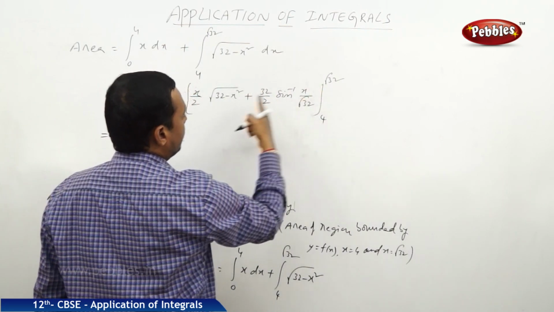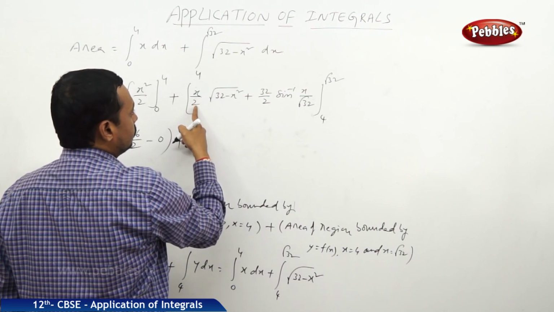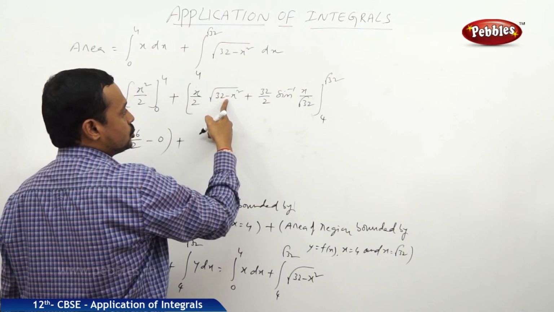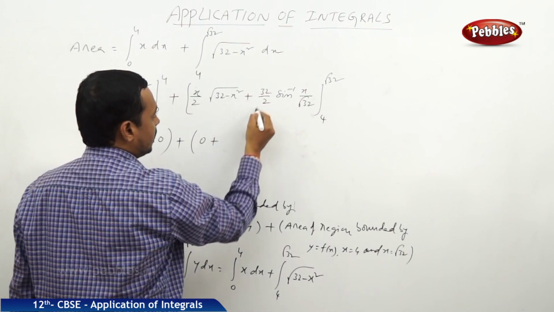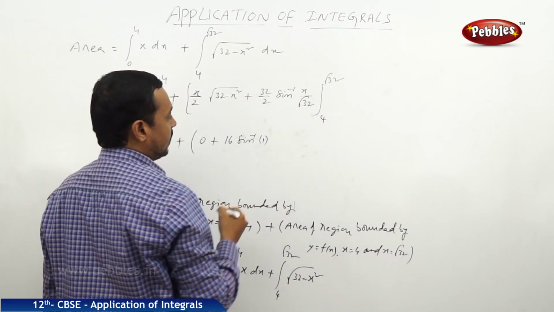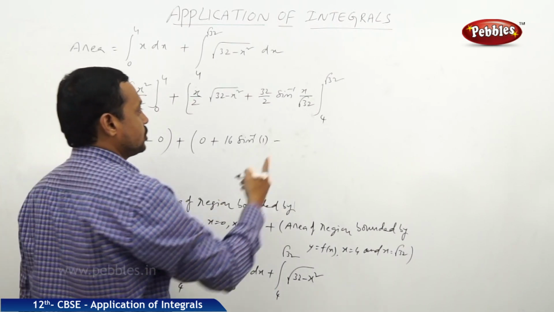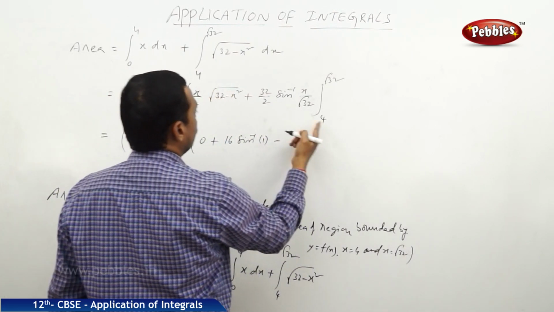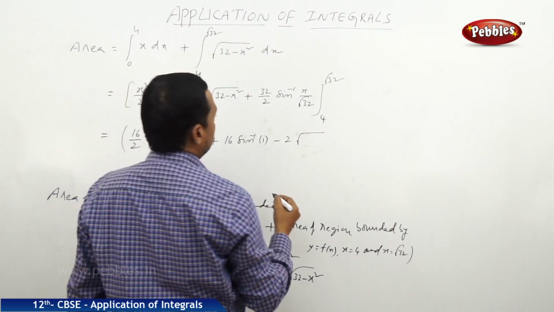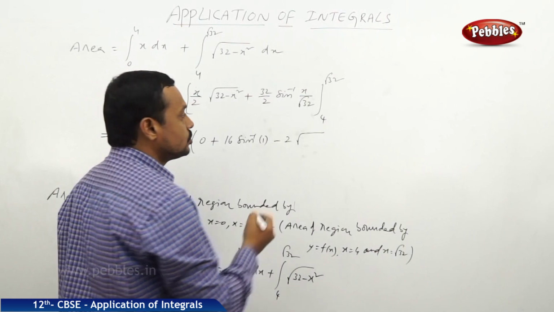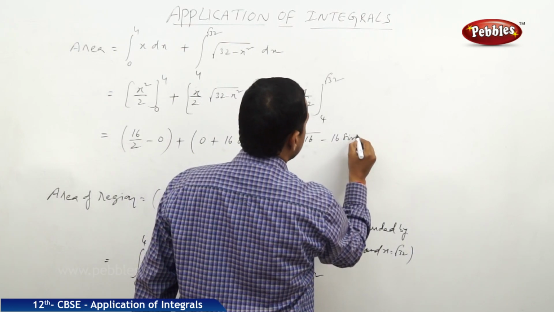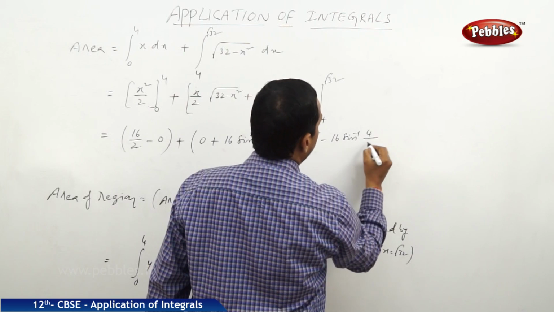Now here also substitute the upper limit first, root 32 by 2 into square root of 32 minus root 32 whole square, of course that is 0, root 0, 0, 0 into something is always 0, plus 32 by 2, 16 into sin inverse of root 32 by root 32, that is 1, minus, now lower limit substitution, put x is equal to 4, 4 by 2, that is 2 into root of 32 minus 4 square. 32 minus 4 square, that is 32 minus 16, which is equal to 16, and minus 32 by 2 is equal to 16 into sin inverse of, where x is equal to 4, 4 by root 32.